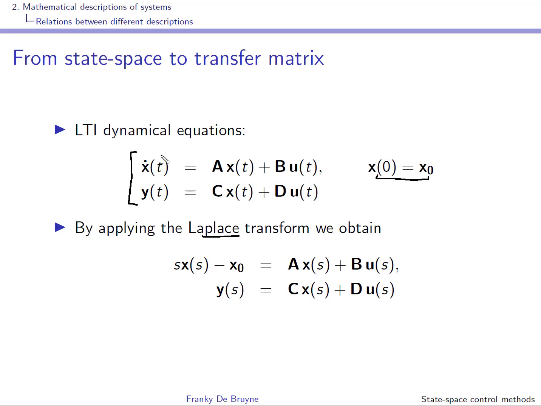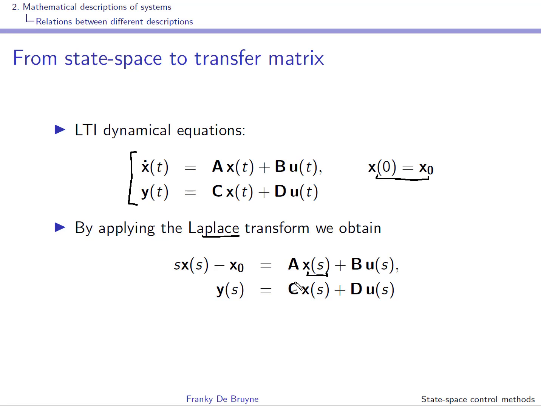Here we have to apply the property of the Laplace transform of a derivative. So it's s times the Laplace transform of x, which is x of s, minus the initial conditions. For the other signals, we simply take the Laplace transform. The Laplace transform of x of t is x of s, and the Laplace transform of u of t is u of s.